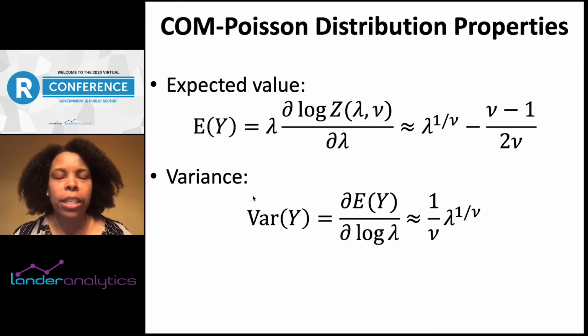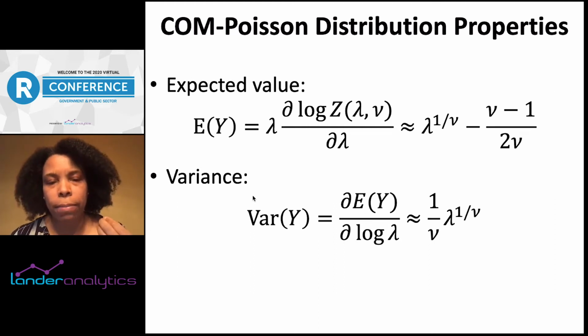Some other properties include a representation for the moment generating function and a form for its moments, where, as you can see here, even just focusing on the mean and variance, that form is not of a closed form because of its dependence on that z function, that infinite summation that I presented to you earlier.